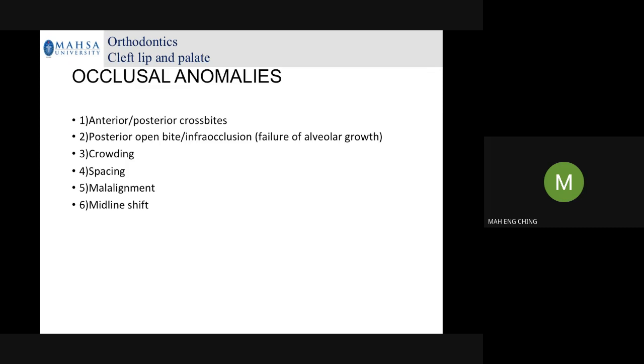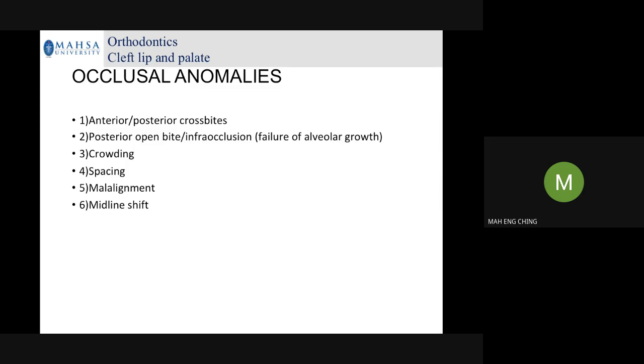So, occlusal abnormality. When the arches are back together, you can see the anterior or posterior having crossbite. It can be unilateral, bilateral, just anterior, or anterior and posterior together. Posterior open bite is also very common. This is due to the failure of development of the alveolar process.